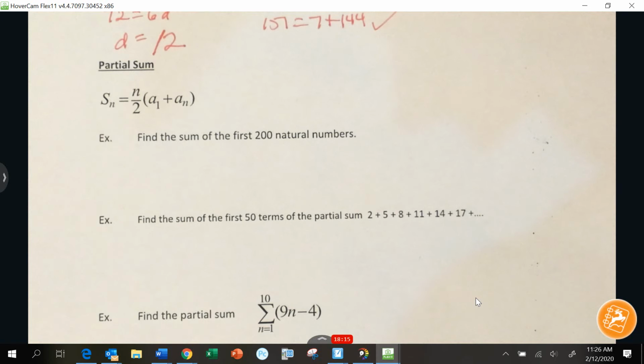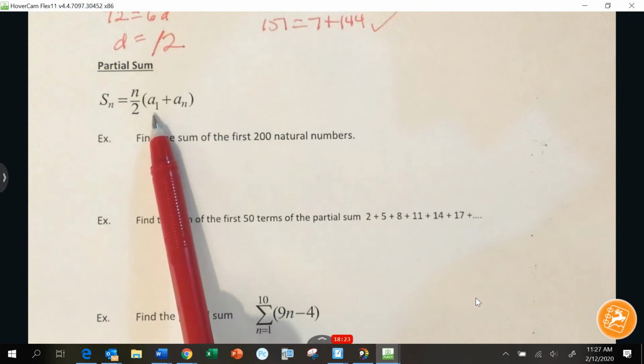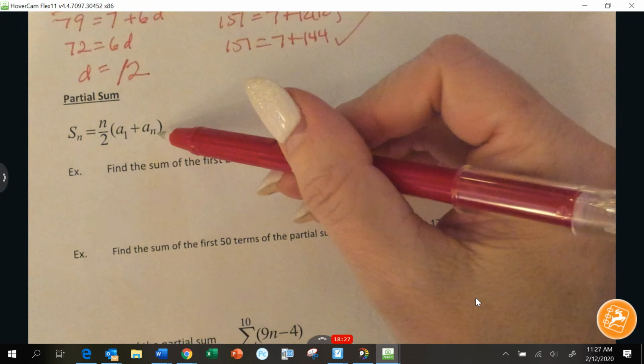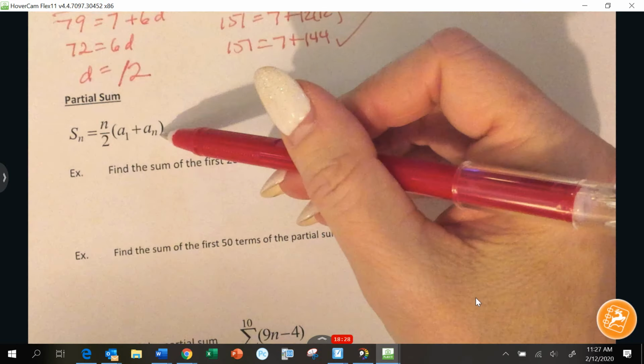Starts with a V. That helps you. It's the value of that term. It's the number in that slot. What's a sub 1 tell me? That's the value of the first term. A sub n is going to be value. Now, S stands for the sum, and then sub n would be the sum of that many terms, however many n is. So S stands for sum.